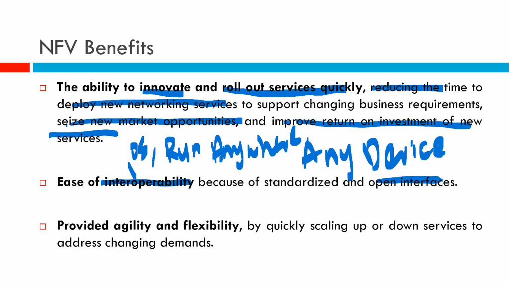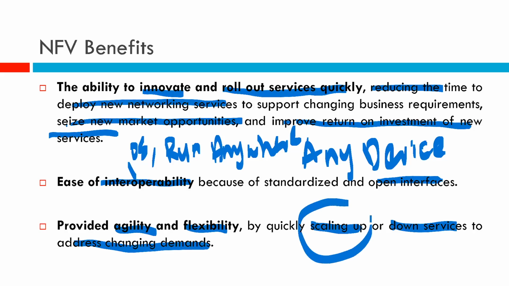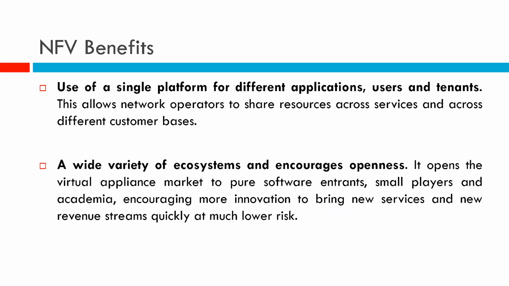And this is like agility and flexibility, like scaling services up and down to address changing demands. The main idea is scaling up. You can grow your office any number of times.